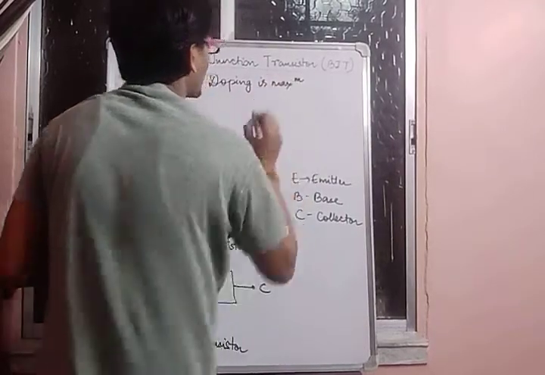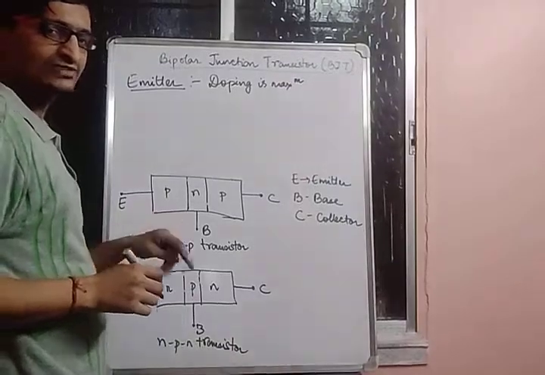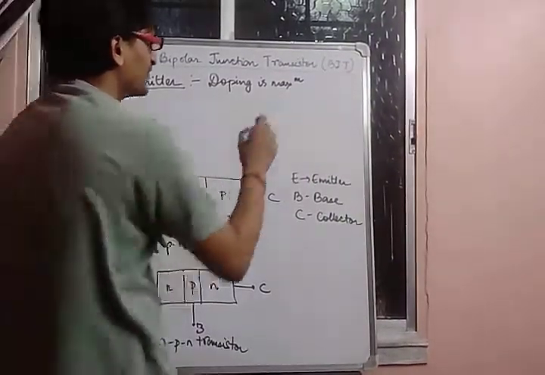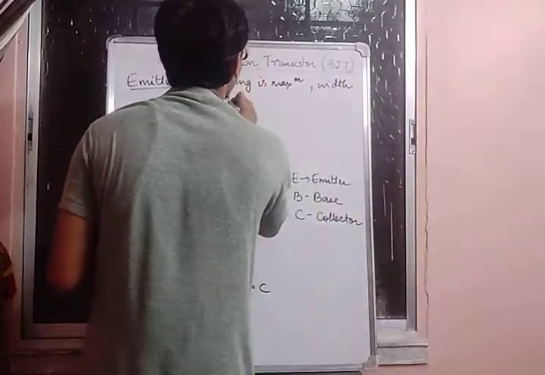And as far as width is concerned, the width of the emitter layer is moderate.